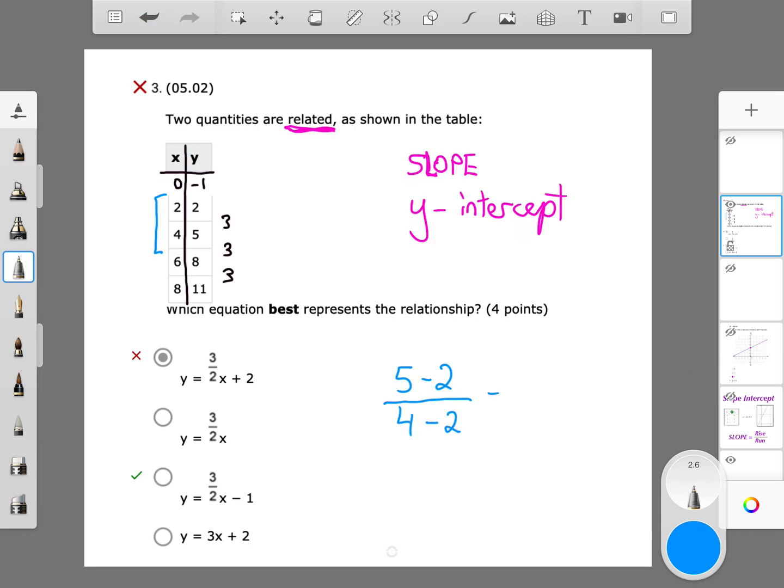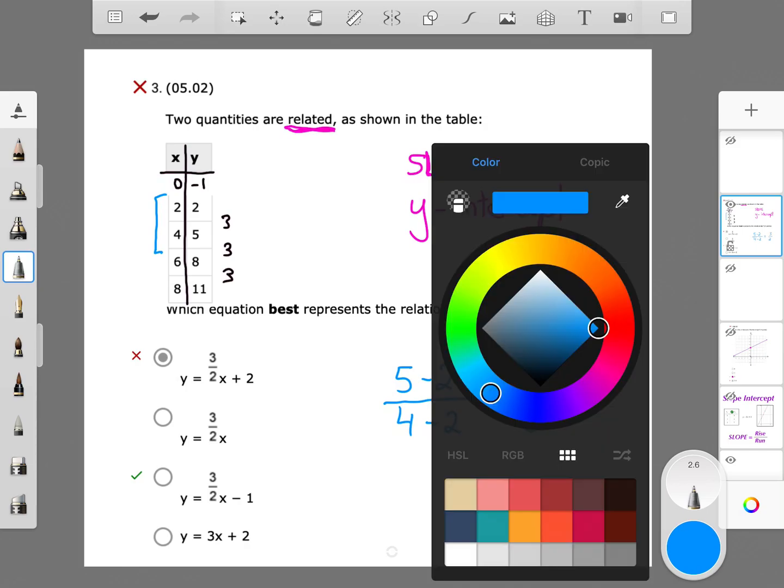This is like subtracting 1 point from another. So that's 5 minus 2, that's 3, over 4 minus 2, that's 2. 3 over 2 is not a fraction that I can reduce or simplify anymore. It just has to be what it is. That's our slope.